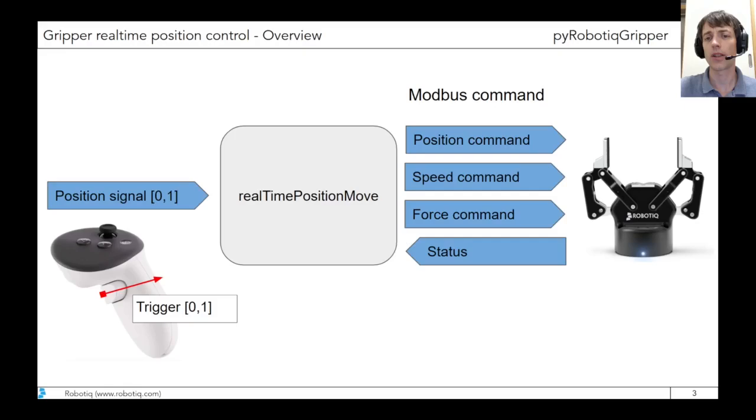Here is an overview of the mechanism of this function. It takes as an input the position signal of a joystick with a range of 0 to 1.